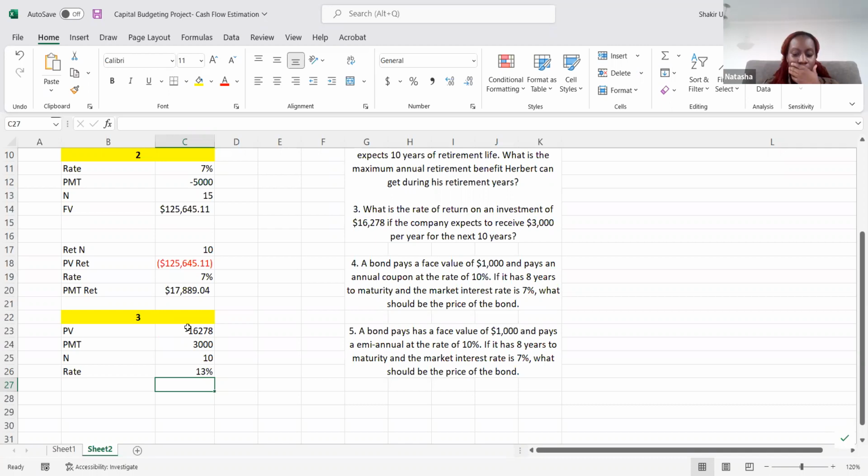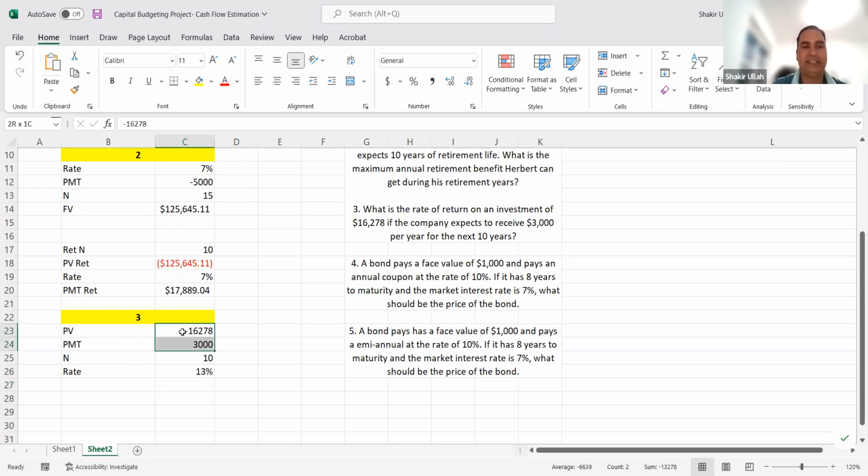Okay, so the way we analyze the situation: let's say you have got $16,278, and a friend of yours says, "Hey, give me this money. I'll be paying $3,000 to you for the next 10 years." You would be wondering whether this is a wise investment or not. When you do your calculations, you find out that this person is offering you 13% interest rate. And you will look at the market interest rate. How much is the market offering you?